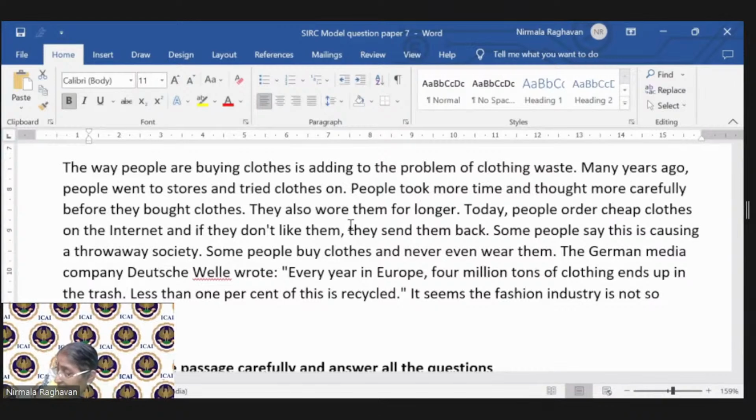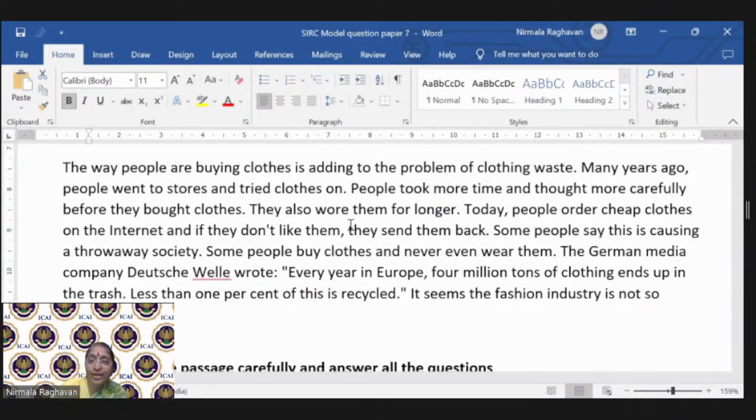It's not sustainable because there's so much wastage, very little is recycled, very little is worn, and the majority of clothes go waste as landfills. Therefore, this fashion industry is not sustainable.